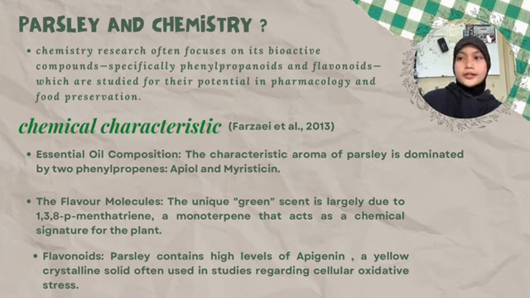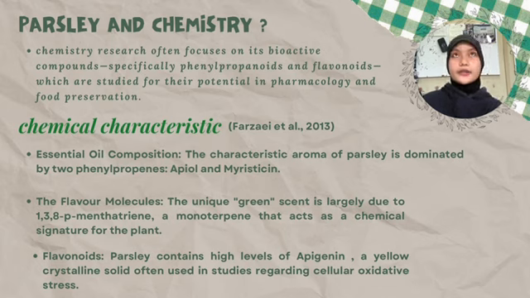And the second point is about the flavor molecules. This is basically focused on the green scent of parsley, which is largely due to 1,3,8-p-menthatriene, a monoterpene that acts as a chemical signature for the plant itself.